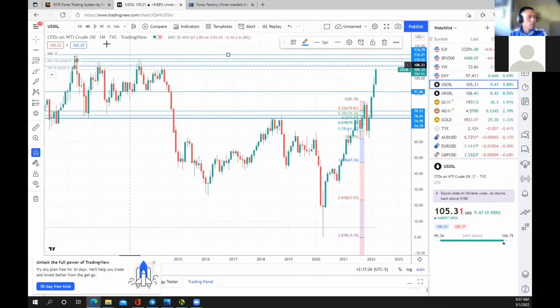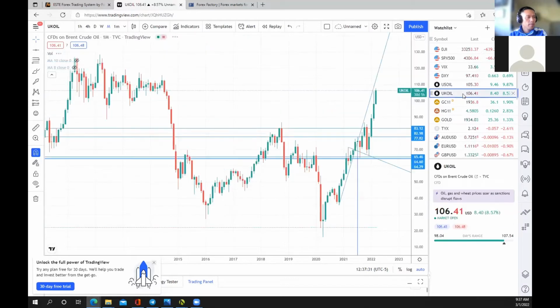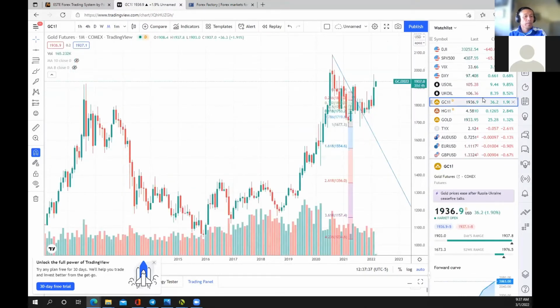Both the US oil, which is WTI, West Texas crude, and Brent crude oil right there. So it's still bullish. Gold is also up because when there's war or any form, then investors will go to a safe haven like the US dollar or gold, mainly gold in general.